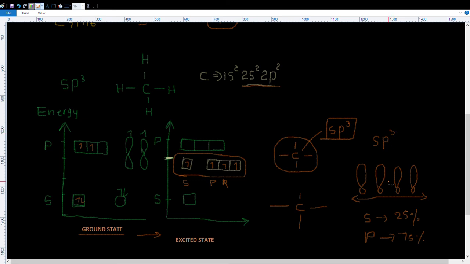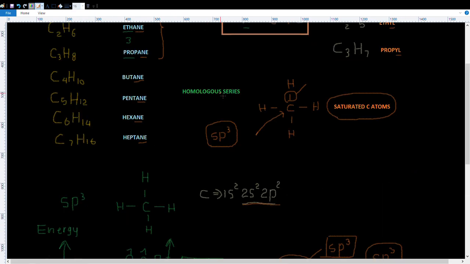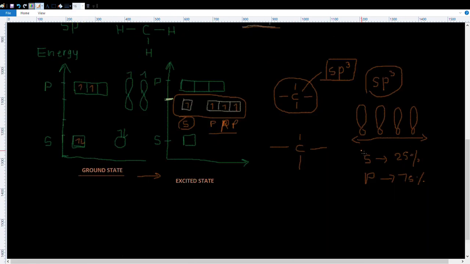It is made up of one s orbital and 3 p orbitals, so it's okay for us to call this an sp3 carbon atom. That's how all these properties of alkanes, this is the basic theory regarding the properties I told you.